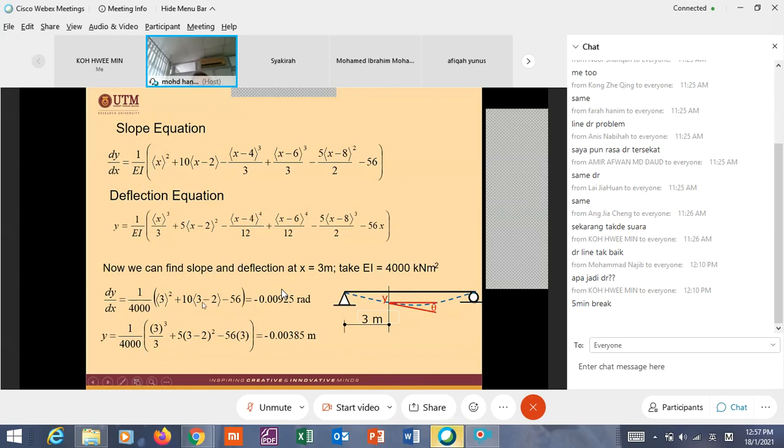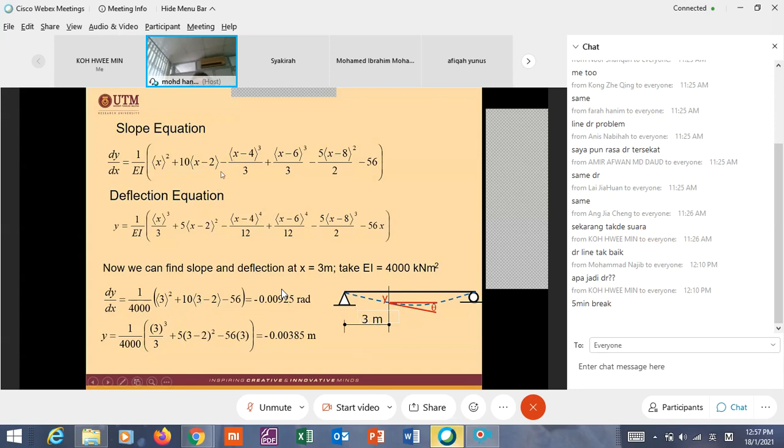But remember again, in your final calculation, whenever the sum of value in this bracket is negative, cancel, neglect. In this case, the question is the slope at x equal to 3 meter.